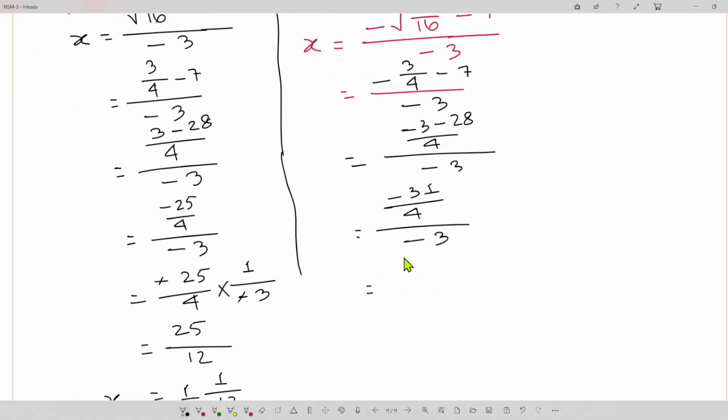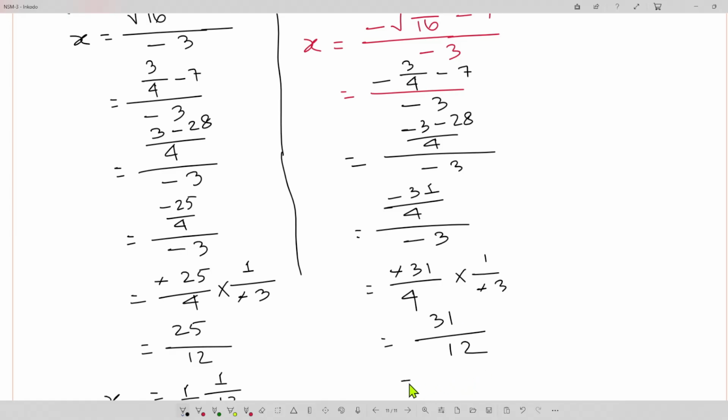Next, minus 31 divided by 4 times 1 by minus 3. Same, minus and minus cancel out. So here 4 times 3 is 12, and here is 31.